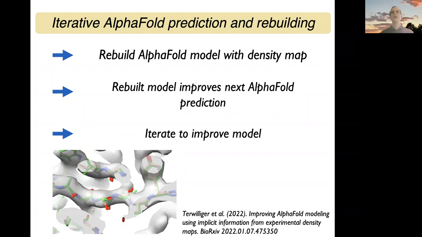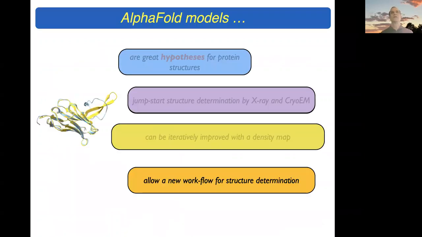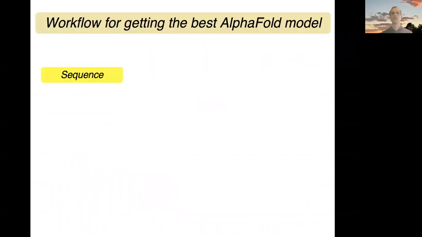Okay, so now, given all this, how should we solve our structures today? So let's run through this, and then it'll be time to try to answer any of the questions that haven't been answered yet. So let's think first about how we are going to get the best AlphaFold or other prediction method model given what information we have.